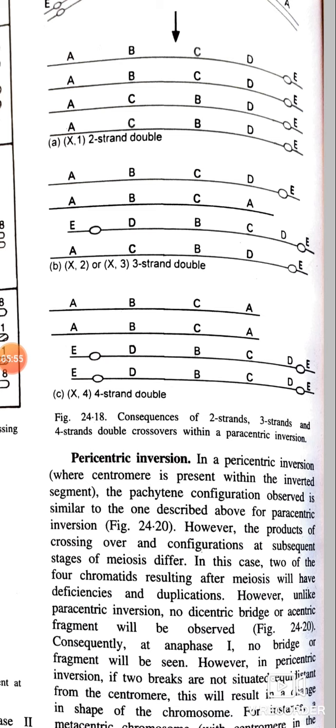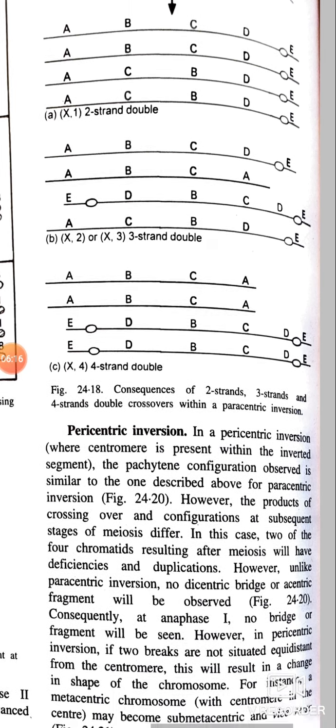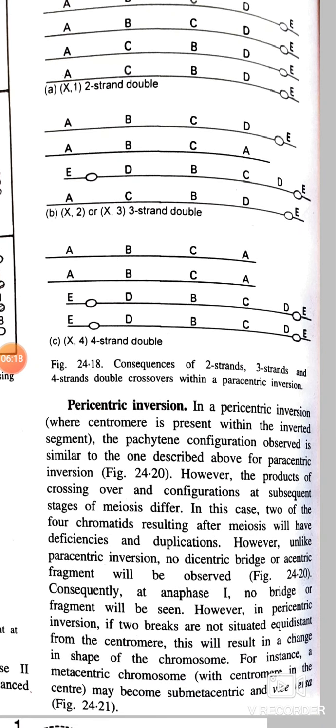Consequently, at anaphase first, no bridge or fragment will be seen. However, in pericentric inversion, if the two breaks are not situated equidistant from the centromere, this will result in a change in the shape of the chromosomes.